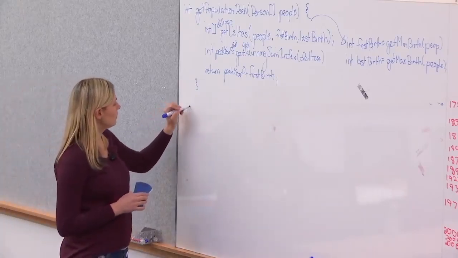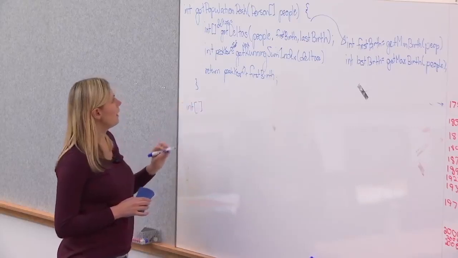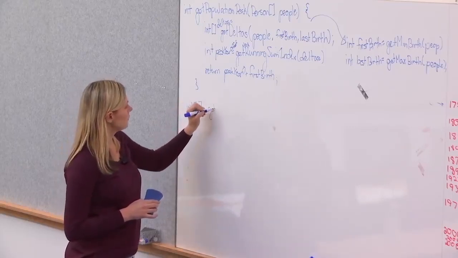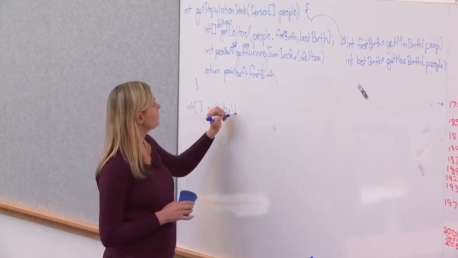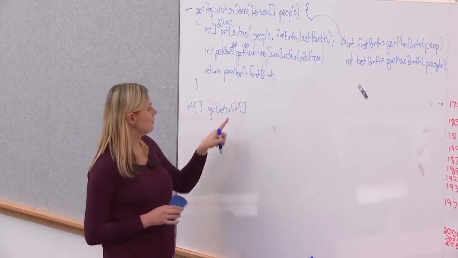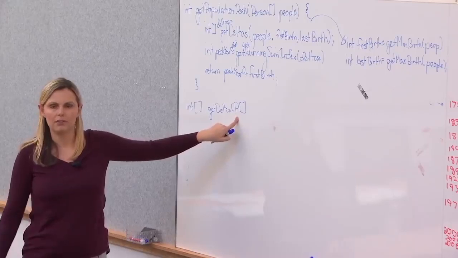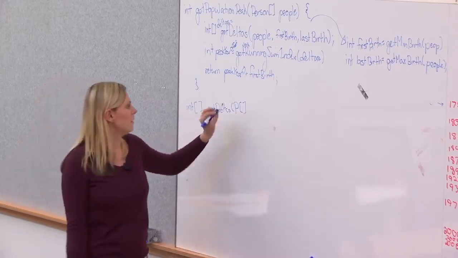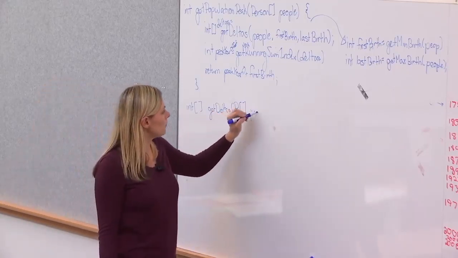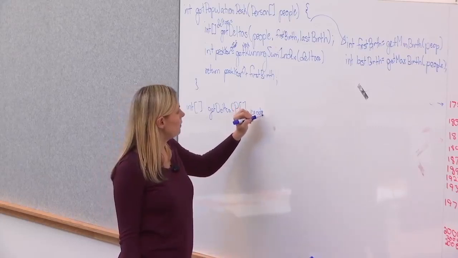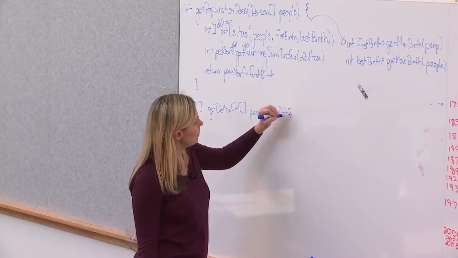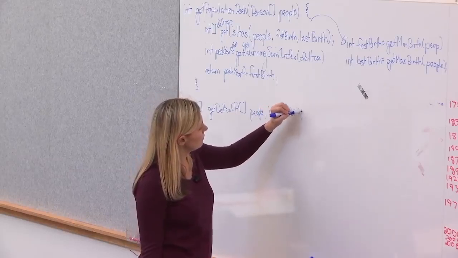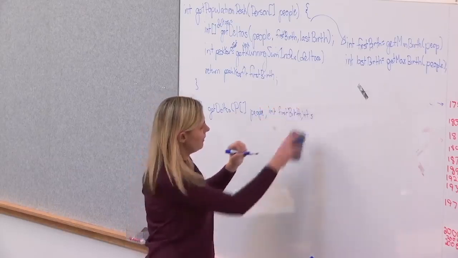So that's going to return an integer array, get deltas. I've already defined this as person, so I'm going to just abbreviate this: an array of person objects called people, int first birth, int second last birth.